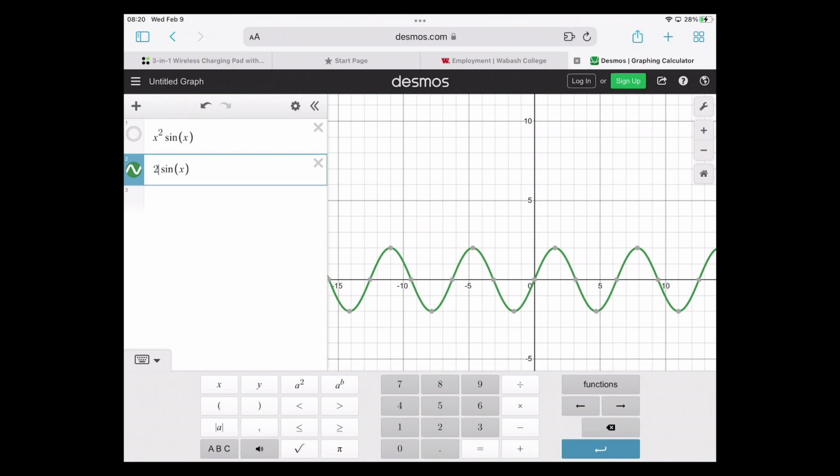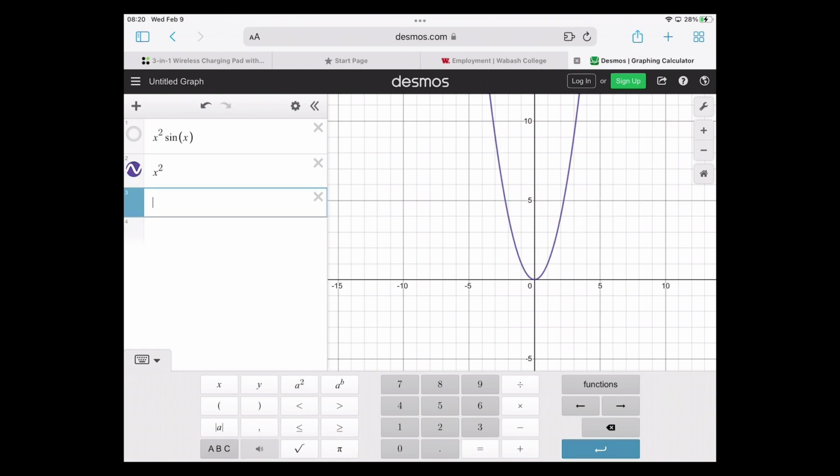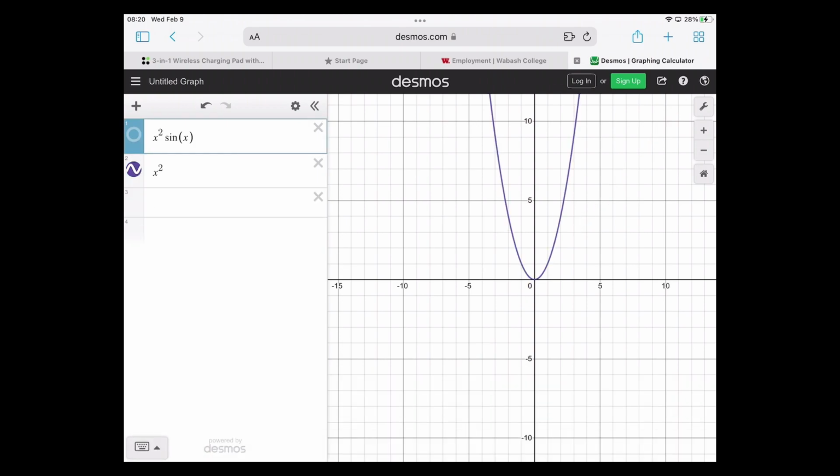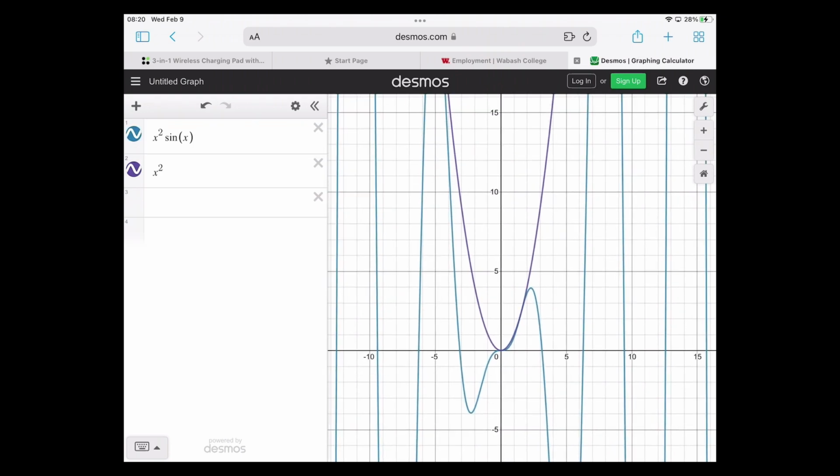All right. So let me graph another function with it. Instead of just sine, let me graph x squared. And then let me turn back that one on. Let me change the colors too, because blue and purple is probably a little hard to see. Okay, that makes it a little bit easier to see.